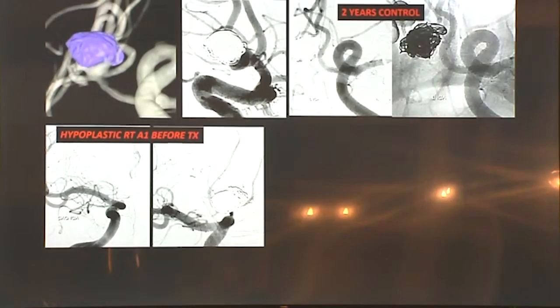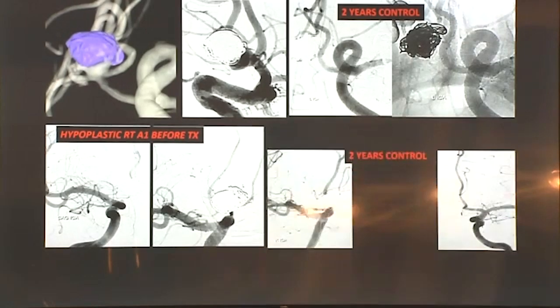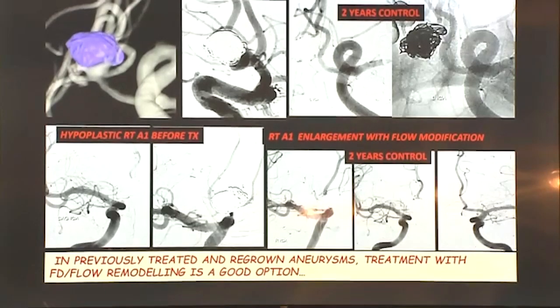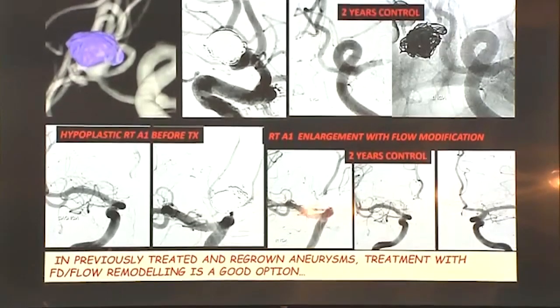However, at 2 years control, you see a very nice filling of both ACAs ipsilaterally, and the aneurysm is gone. So for previously treated and regrown aneurysms, it's a good alternative for retreatment, a good option.